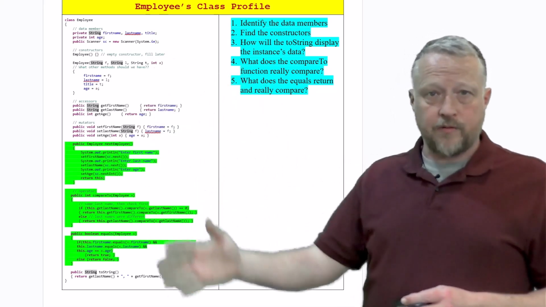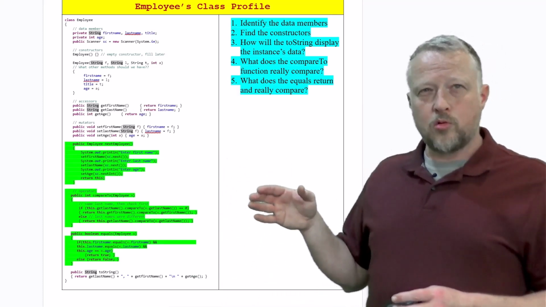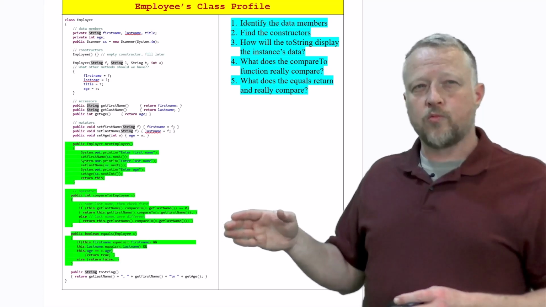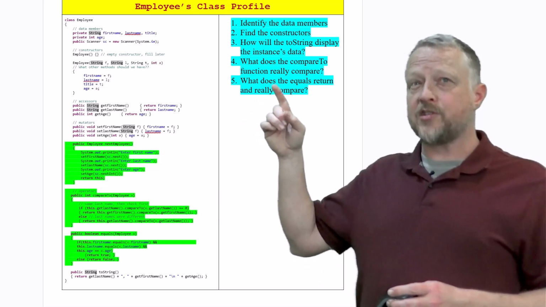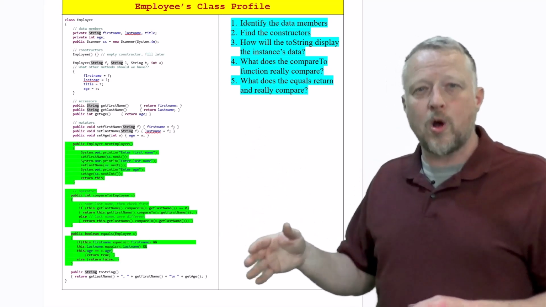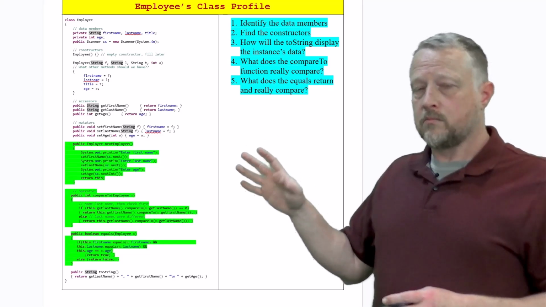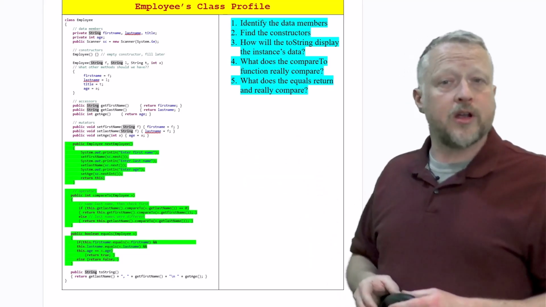Everything is here, if you can believe it. I know it's a little on the small side, but everything is here. So go over these questions. And yes, some of them are getting into the compare and equals. So I'm giving you guided questions here where frankly the answers are all here. Don't overthink it. Get to work on it, and I'll go over an answer with you in a minute.